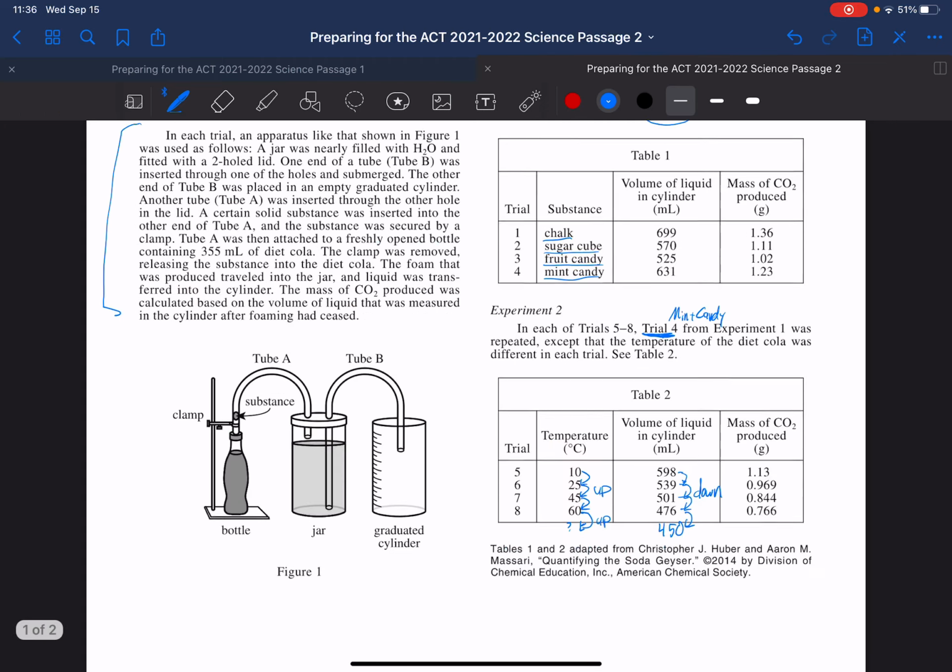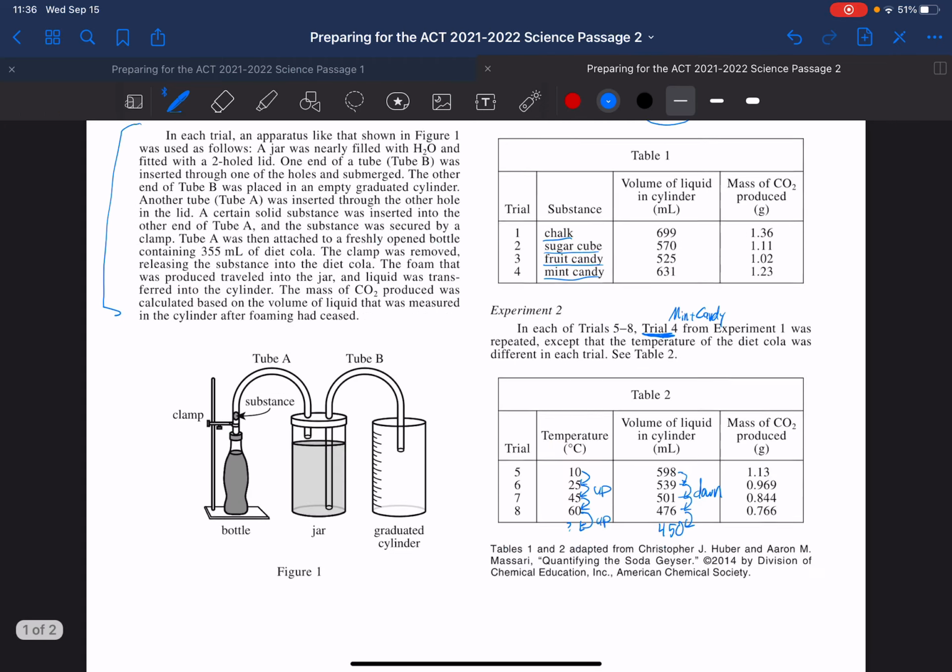Number 13. Consider these steps that were performed. So we have remove the clamp, measure the liquid, insert the solid into the tube, attach the tube to a bottle of Diet Cola. So these steps were performed in what sequence? So the question is, which one has to be done first? Well, clearly this one has to be done last. Because, well, that's what we're trying to measure. And so that's going to be after we drop the object into the cola.